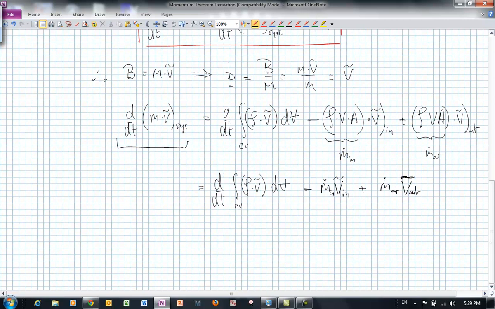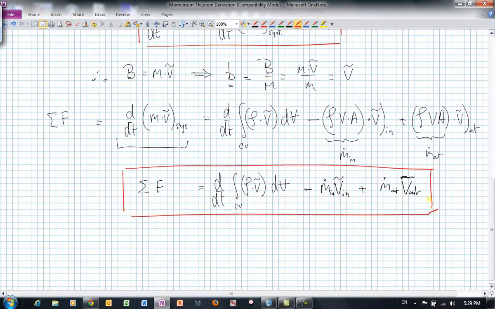Right. So this is going to be equal to the net sum of the forces. And voila, RTT number 1. And F is a vector here. RTT number 1 for conservation of momentum.